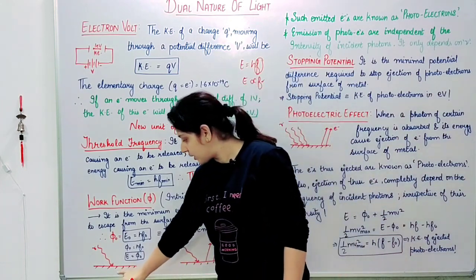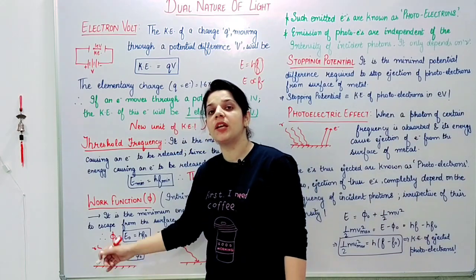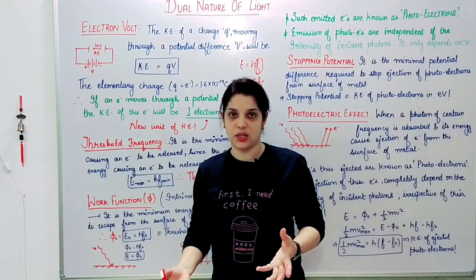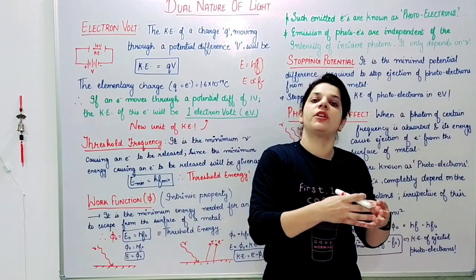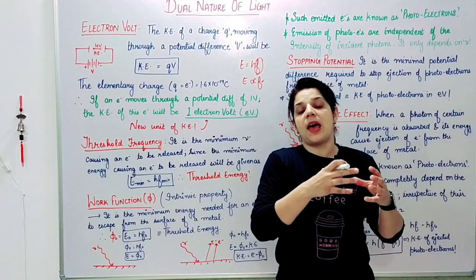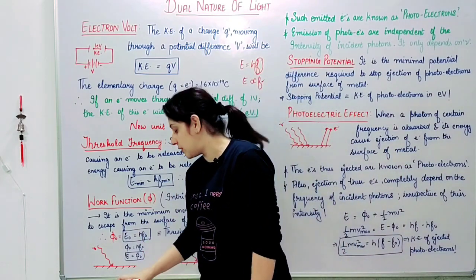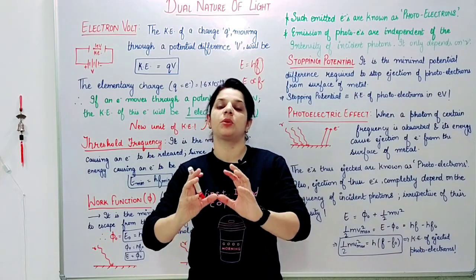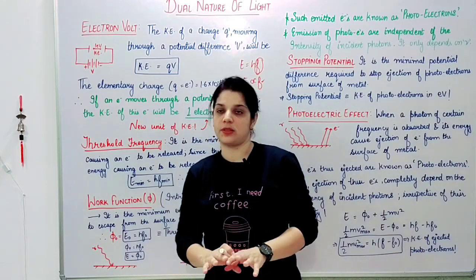Because even if the electron is ejected, that electron will not have any kinetic energy. The whole amount of energy absorbed by the electron has been used in overcoming all the forces of this sample that keep the electron in itself.